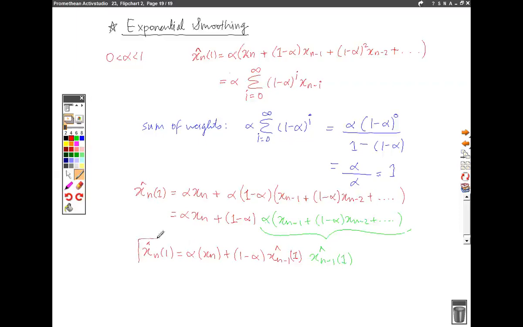So now if I have to forecast the one step ahead value from n for my x, what I'm doing is I'm looking at a weighted average of the actual observed value of x_n and the forecasted value of x_n from using the model that I substituted. So that is how you use exponential smoothing, and it just depends on your forecasted and the actual observed value to predict what's going to happen next to the variable that you have.